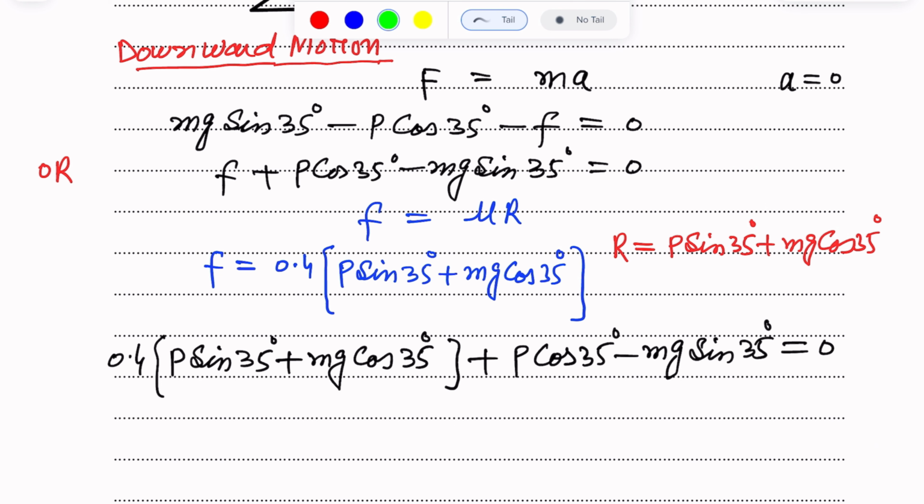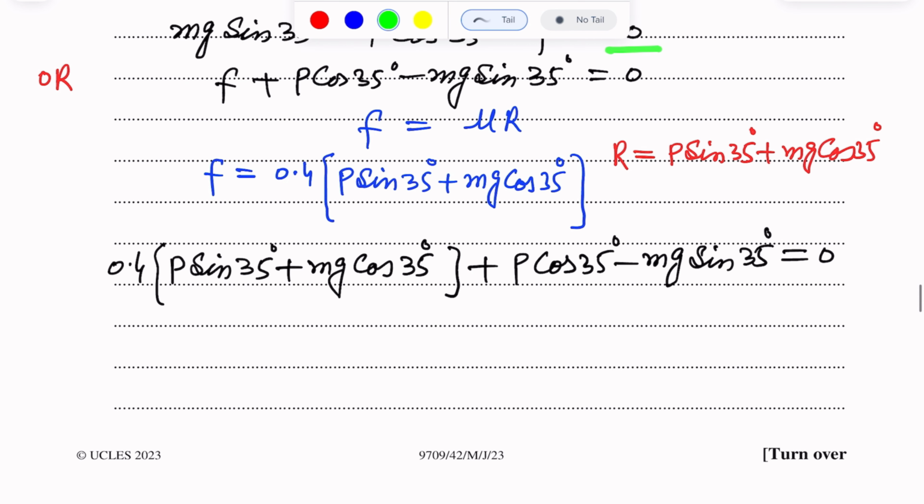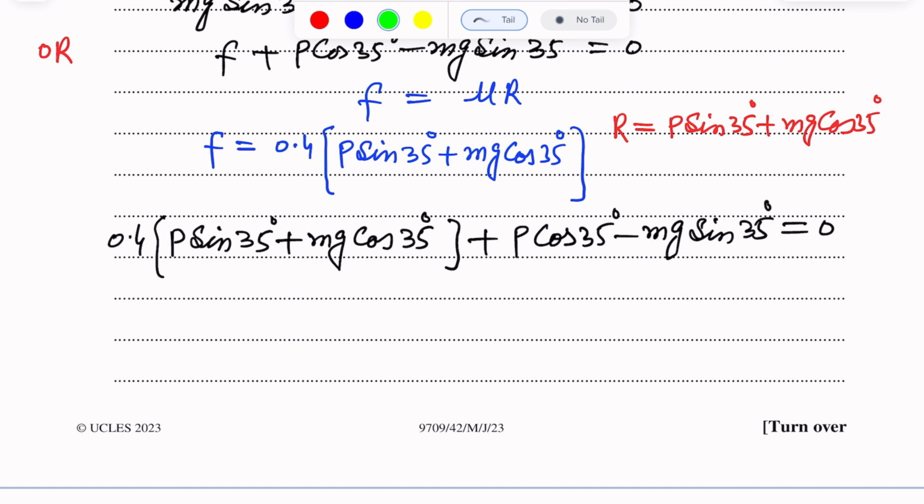Here the right side is 0 because acceleration is 0, because the system is in limiting equilibrium and there is no acceleration.